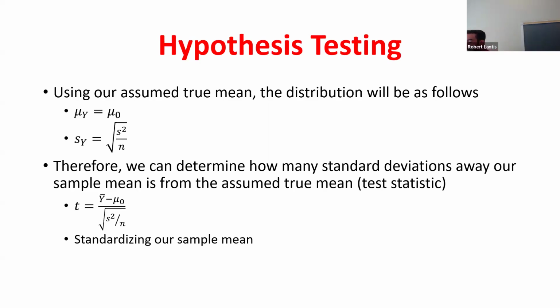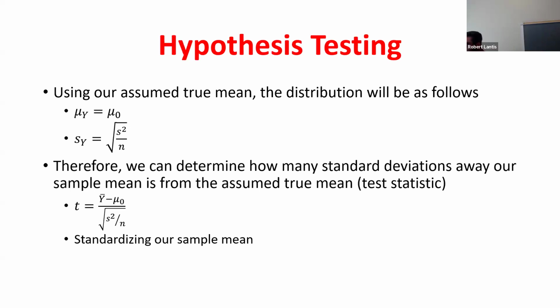We'll use Z to notate that since we're doing multiple things here. Well, what's the mean of my sample means? I don't know it, but I'm using that assumed true value. And then what would the standard deviation of my sample means be? That's just the square root of my sample variance over my sample size, right? Because this is how I calculate the variance of the sample mean. I only wanted the standard deviation, so I had to take the square root.